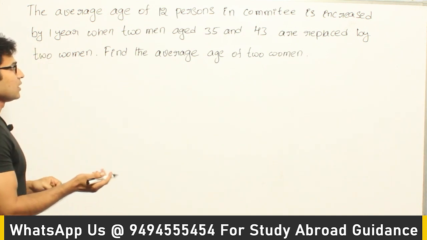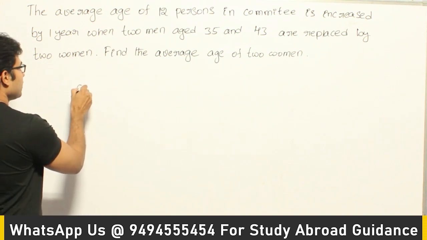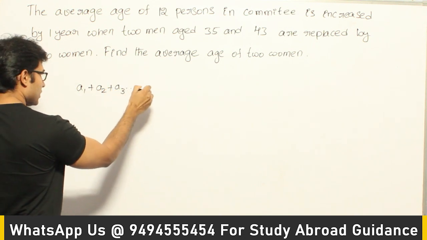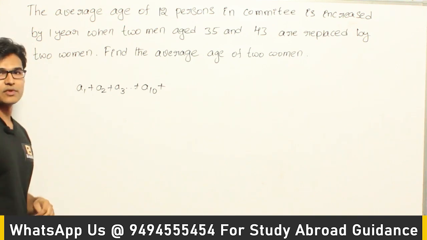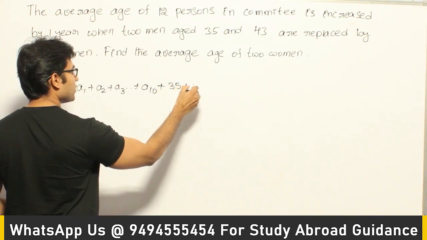So let us say 12 members are given, A1, A2, A3, and so on up to A10, plus 2 people whose ages we already know, 35 and 43.